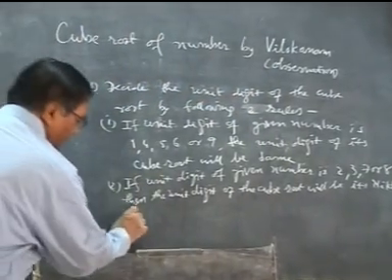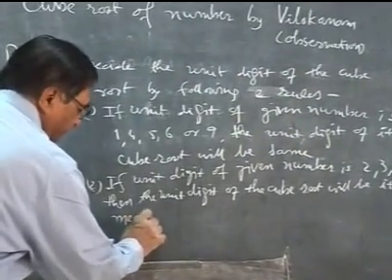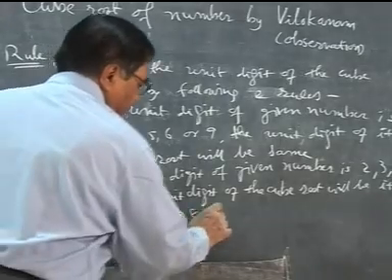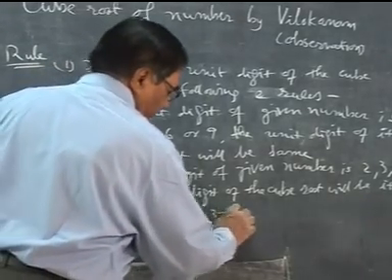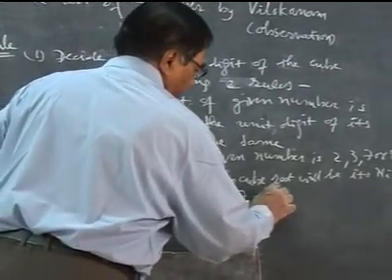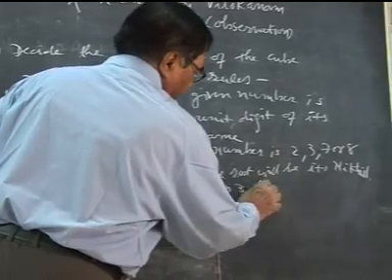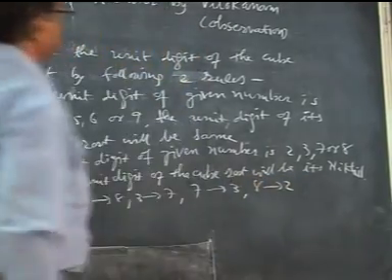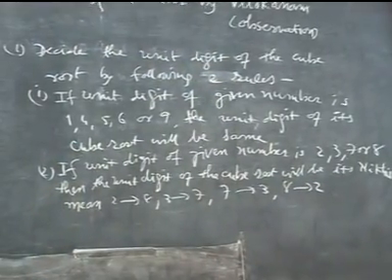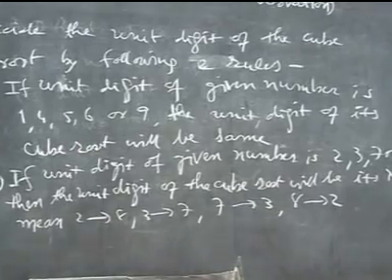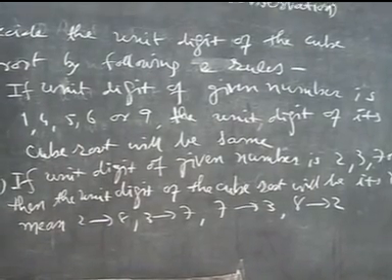Means 2 to 8, 3 to 7, 7 to 3, and 8 to 2. This is the first rule.